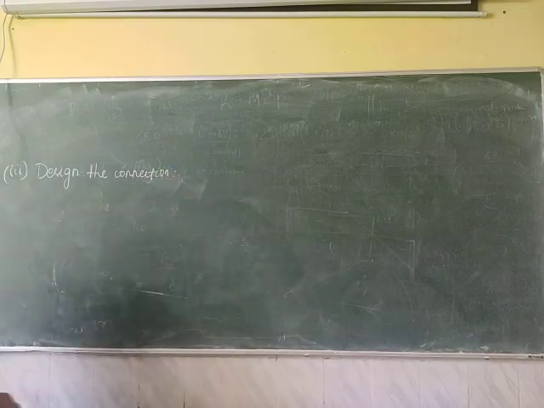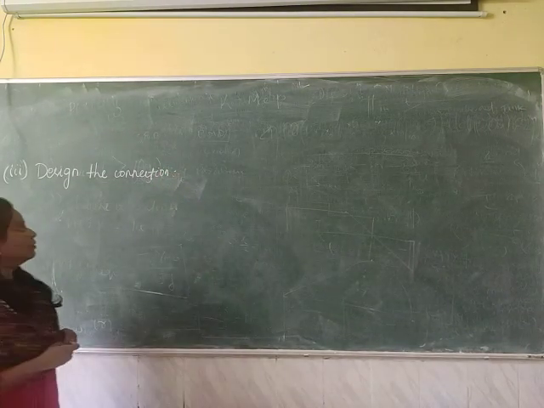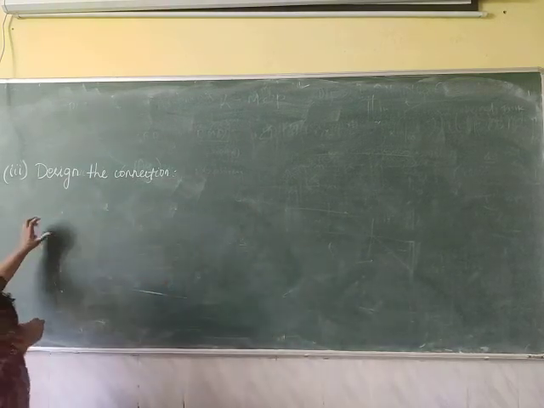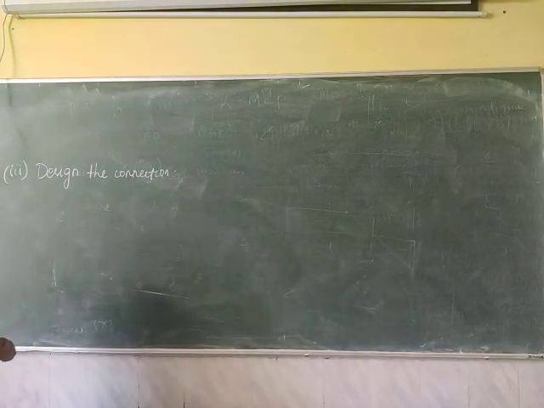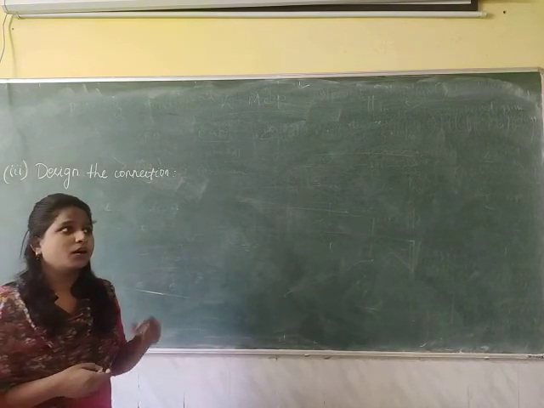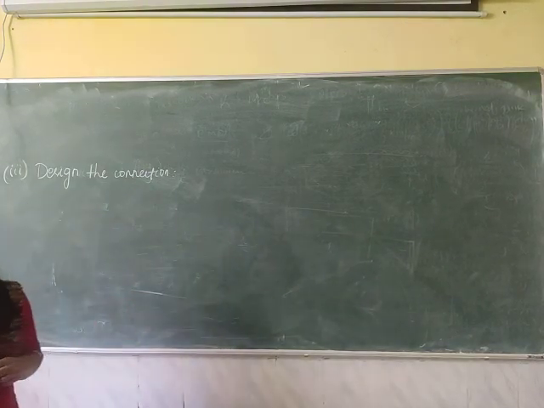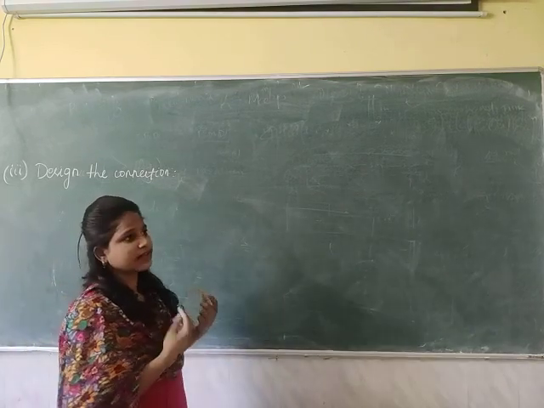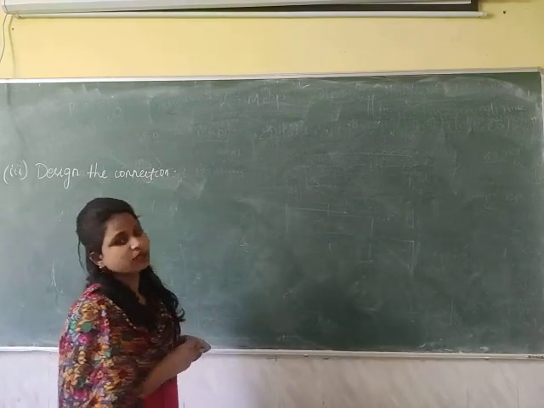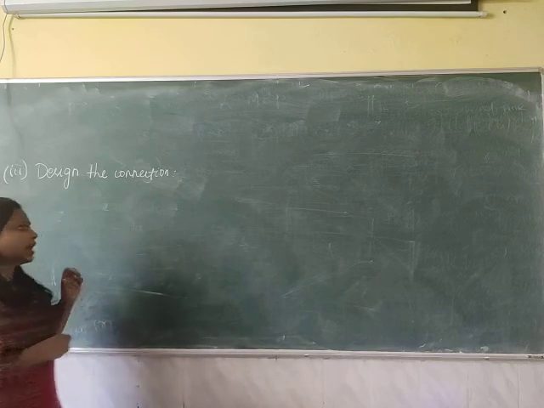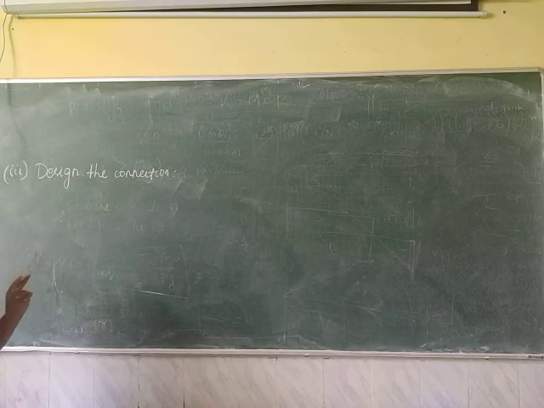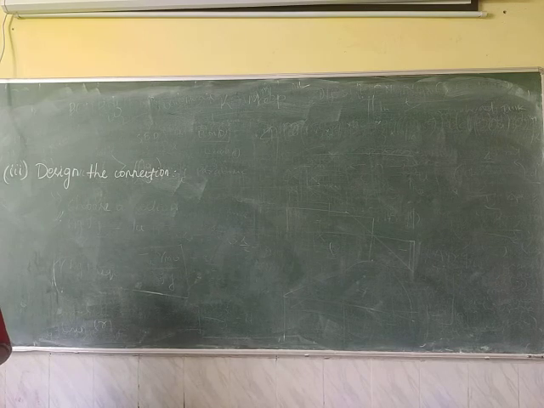Till now, we know how to calculate the gross area required in step 1, then in step 2 the selection of the section from the steel table, and we can get all the properties of that section from the steel table. That section should have an area greater than the gross area required.